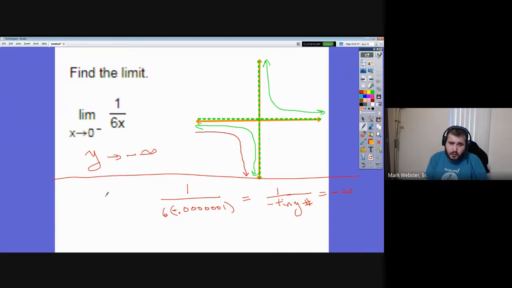But if you're not a visual person and you're a more numerical person, do it like this. X is going to be really, really close to 0 on the negative side. So plug in a really, really tiny negative number. And it's going to be just 1 over negative tiny number, right? And that's negative infinity. That's all.